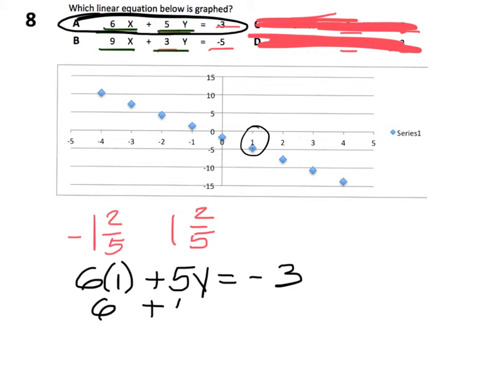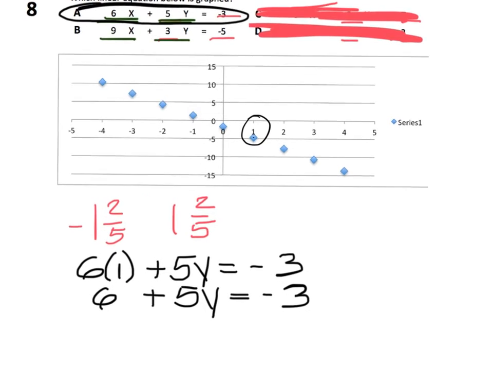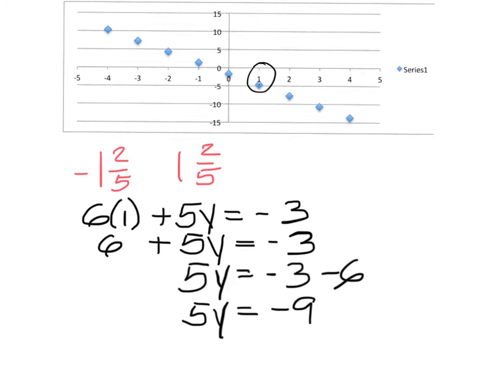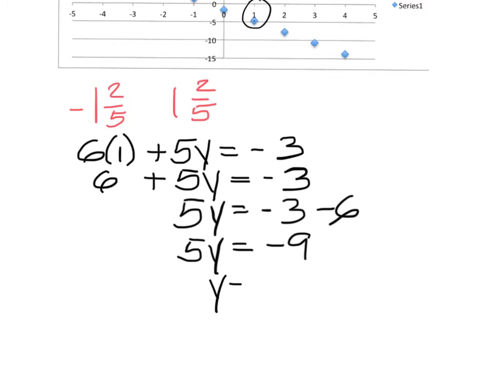That just gives me 6 plus 5y equals -3. So 5y equals -3 minus 6. 5y equals -9. And y would be a negative 9 over 5, which is the same thing as a negative 1 and 4/5. That's almost to negative 2.